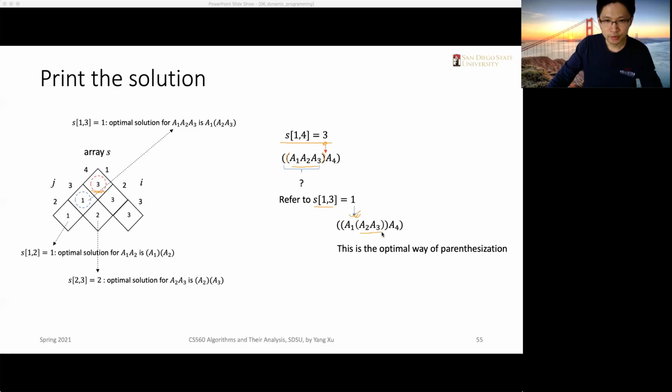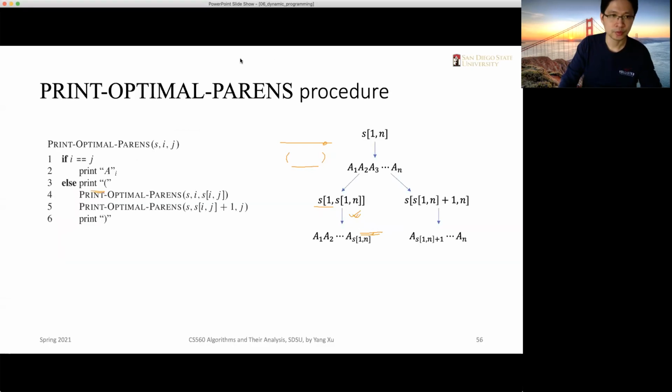And the last, A2 and A3, actually don't need further parenthesization. So we can use a simple recursive algorithm to print the solutions, right? So I'm going to skip this slide real quick.